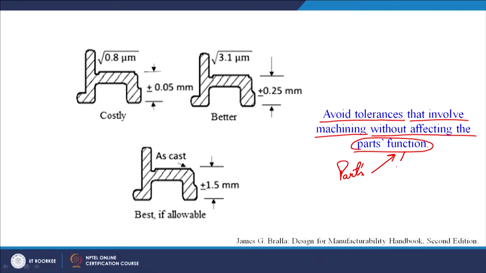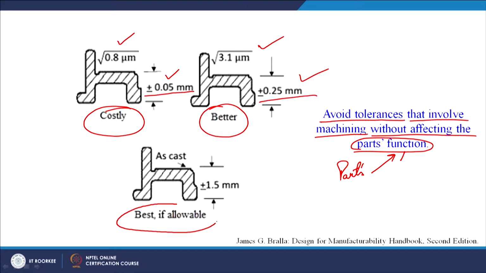Also in the figure we see this one is costly, and you can see for yourself the requirements given here, and here the requirements are slightly relaxed, so it is better. Compare the values in both, and this is best if allowable. It is as cast only, so there is no need of machining on this surface. If we can use as cast, we can completely avoid the machining on this surface.